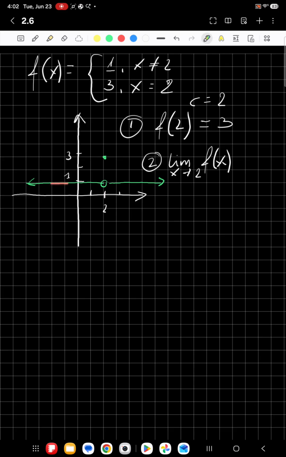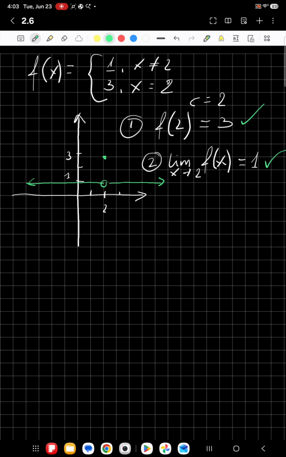But it's easy to see that approaching 2 from the left, the value of the function, the limit, is 1. And going with my x towards that 2 from the right, the limit is 1. So the limit exists and is equal to 1.